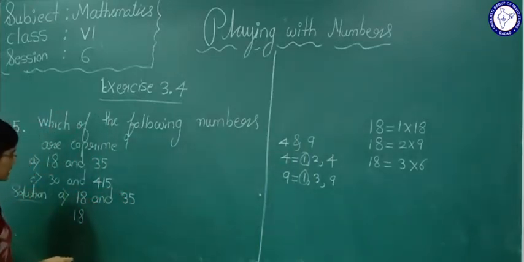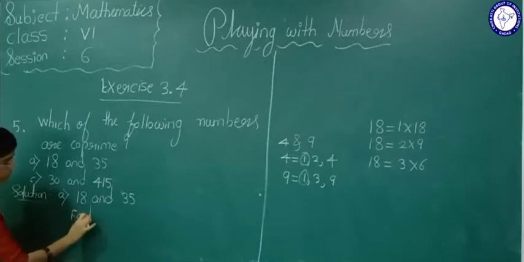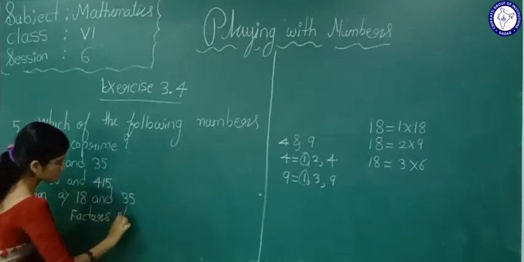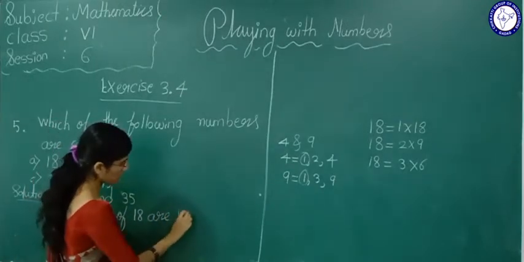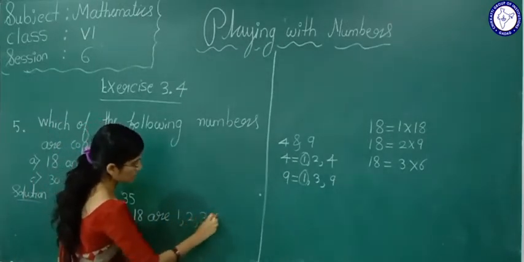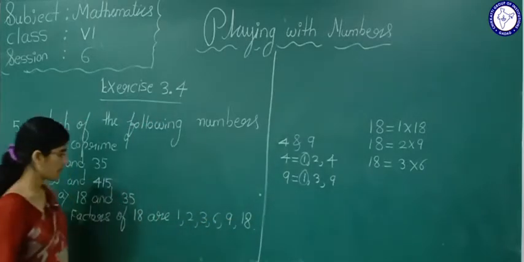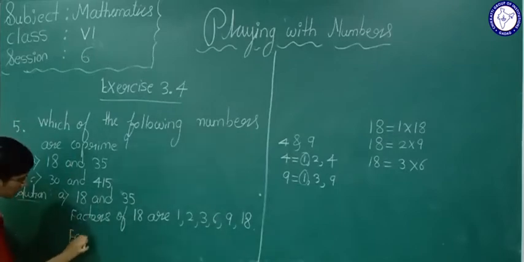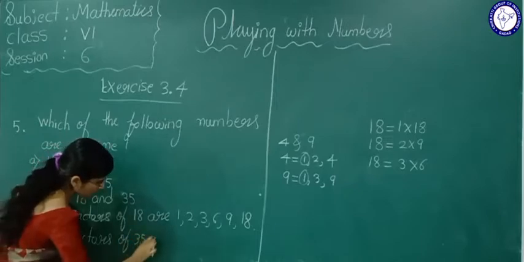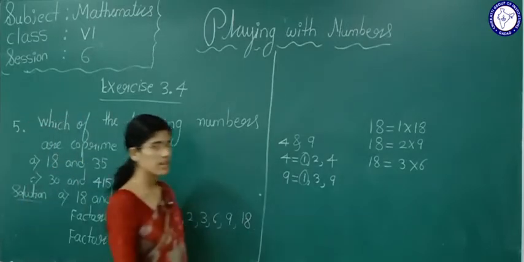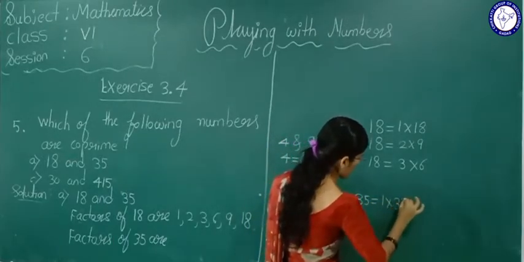The factors of 18 are 1, 2, 3, 6, 9, 18. Then what are the factors of 35? 35 can be expressed as 1 35s are.